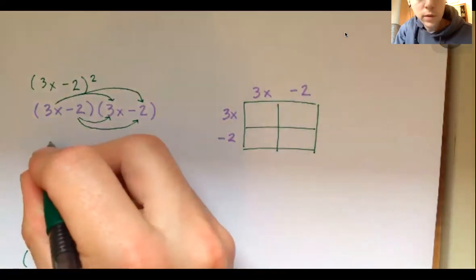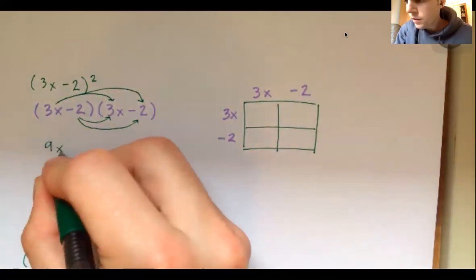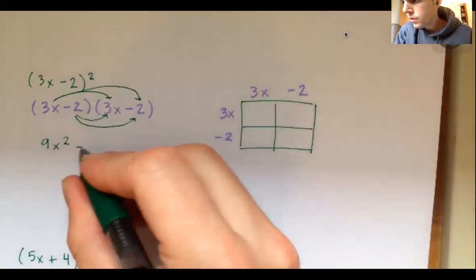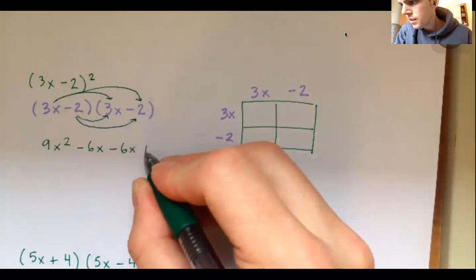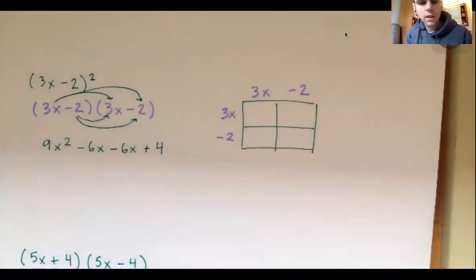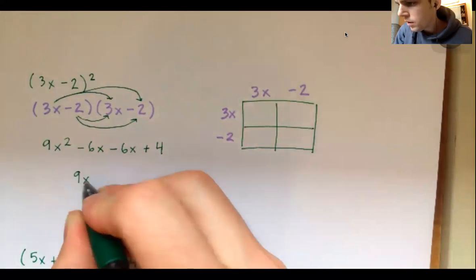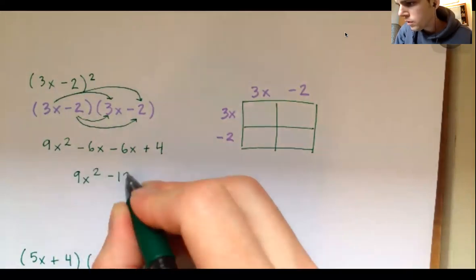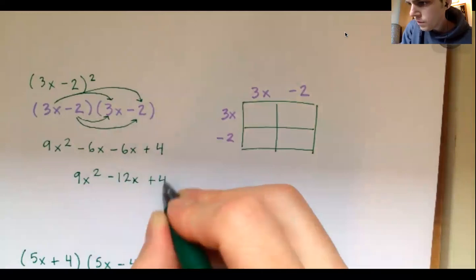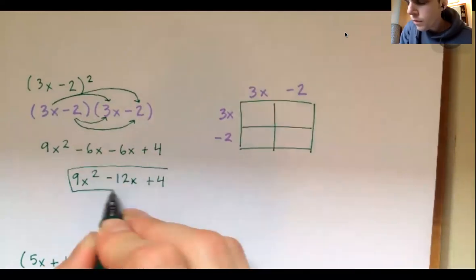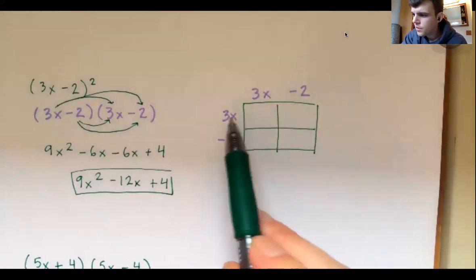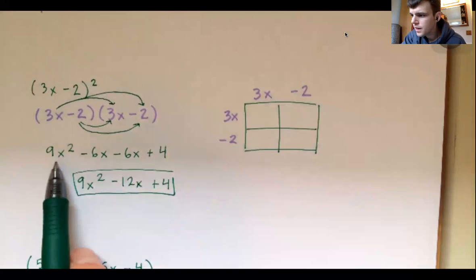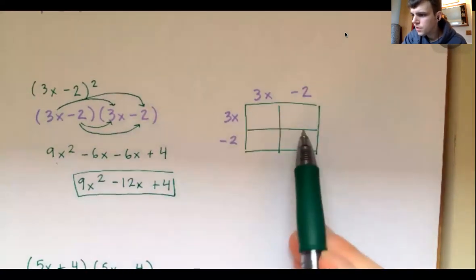All right, so I get 9x squared, negative 6x, negative 6x, positive 4. Combining like terms, I get my answer, 9x squared minus 12x plus 4. And I'd get the same thing here if I did this, right? 3x times 3x, it's 9x squared. 3x times negative 2, and so on.